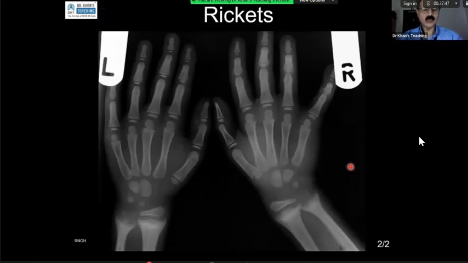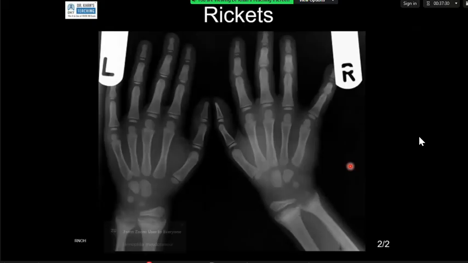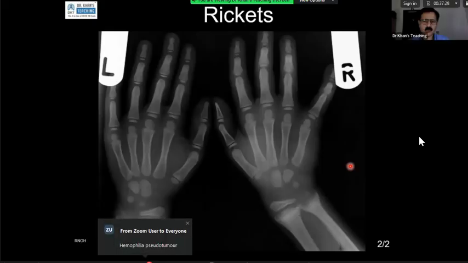I'll take over. Now, in rickets, what happens is, now we are into the world of metabolic. So please remember the concept that bone is made up of two components. One is protein and second is mineral. I am keeping it very, very simple. The protein is known as osteoid, and the mineral, of course, calcium is the main thing.